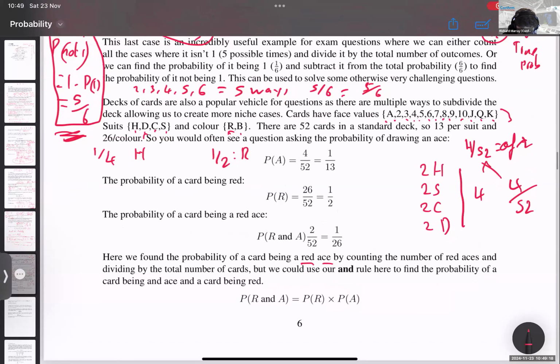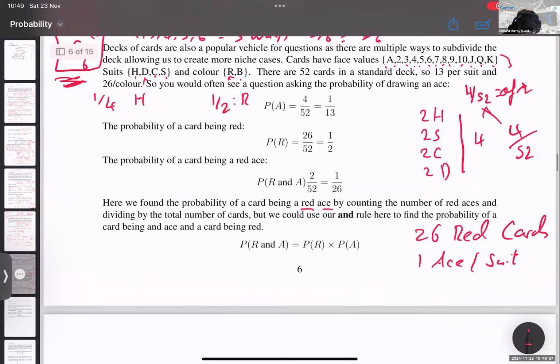saying that we know that there are 26 red cards. And each suit has an ace, so 1 ace per suit. Therefore, there are 2 red aces.